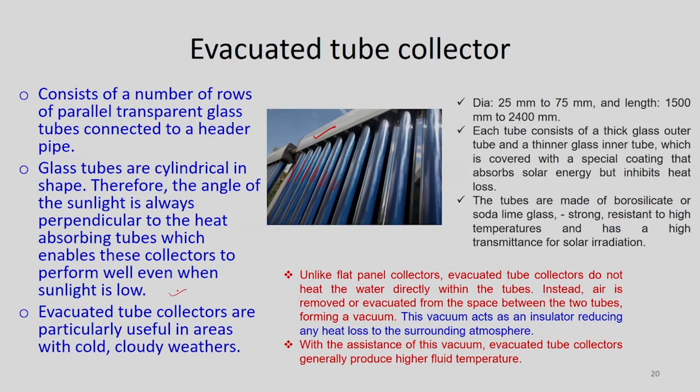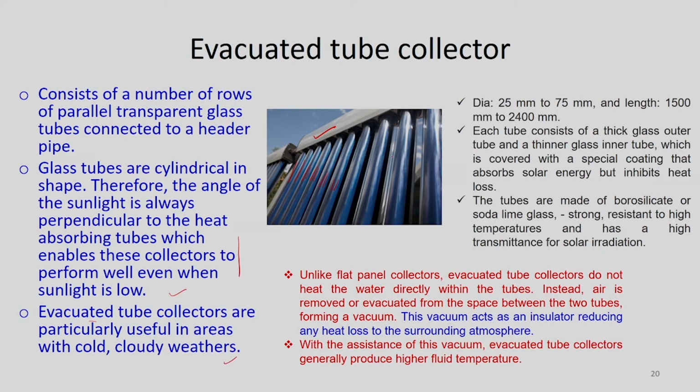This is a very important point. Even though sunlight is low, this evacuated tube collector will work perfectly. These collectors are particularly useful in areas with cold and cloudy weather. That we should keep in mind.